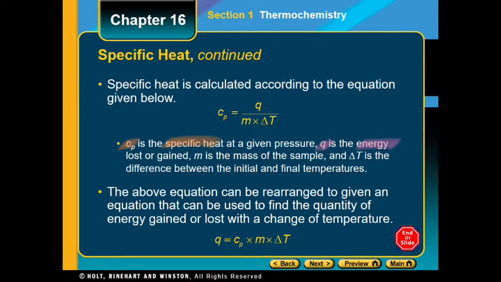You have m for mass. And then notice that is delta T, which is a change in temperature. Delta T is the difference between the initial and final temperatures. Most of the time when we're writing delta T, that is equal to final minus initial. So final temperature minus initial temperature.